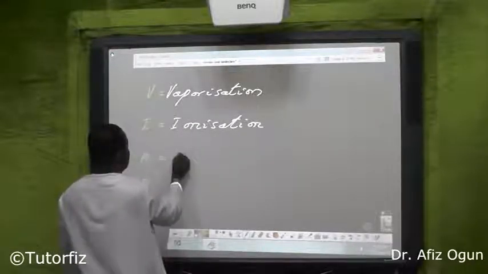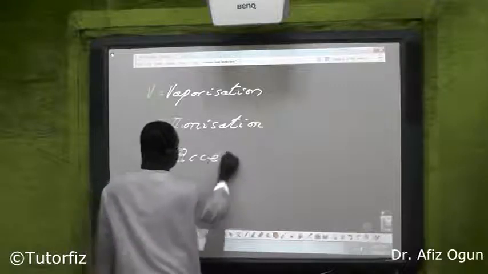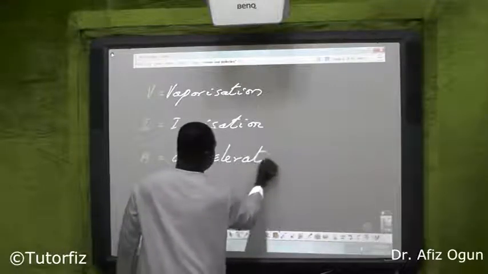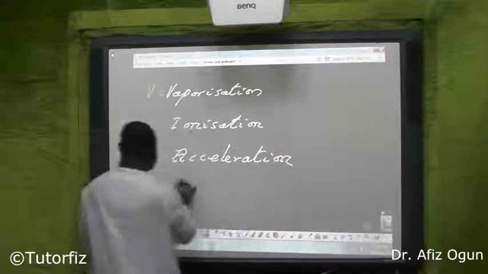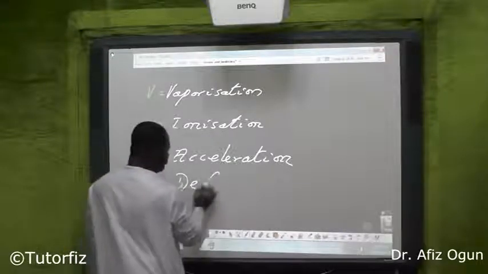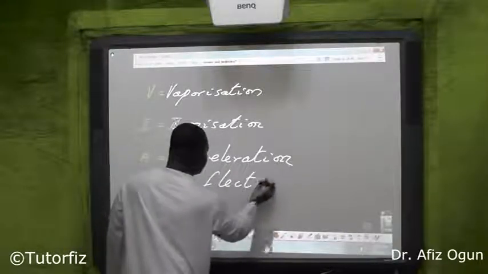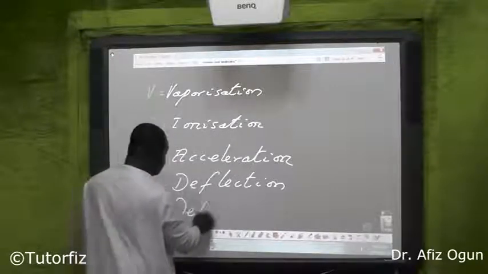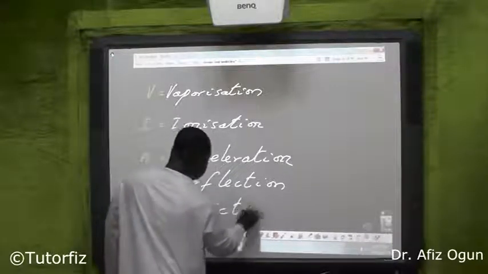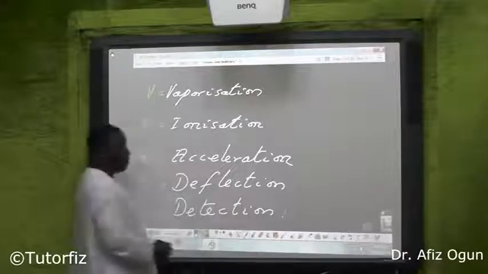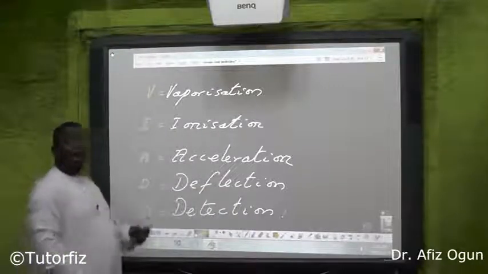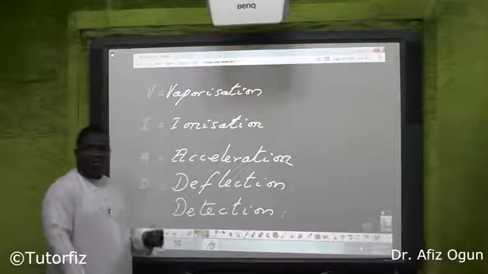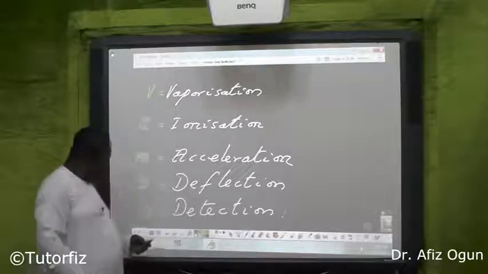A, acceleration. D, deflection. And the last, detection. So let us now see how this works.